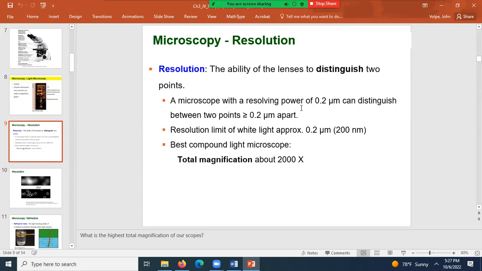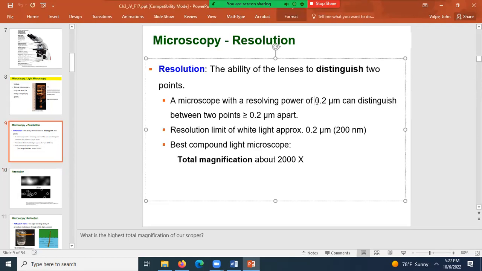Why we have this resolving limit to a light microscope has to do with the properties of white light. And white light's properties limit the resolution of a microscope to 0.2 micrometers.